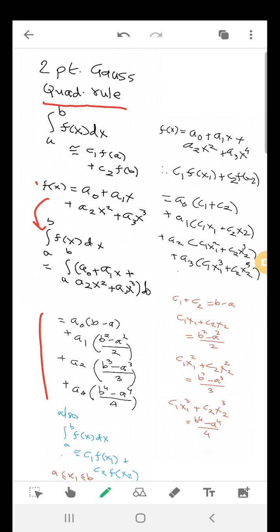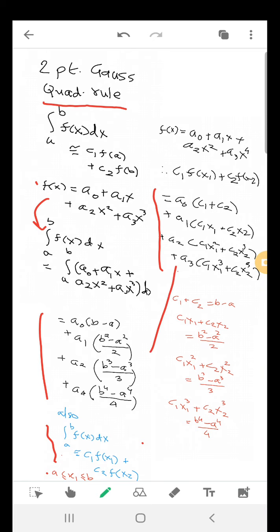Now, from the Gauss quadrature rule, we also assume that the integral is equal to c1 f(x1) plus c2 f(x2), as you can see written here, where x1 and x2 are two values of x which fall between the limits a and b. If you compare this value by using this, we get another expression involving a and c1.